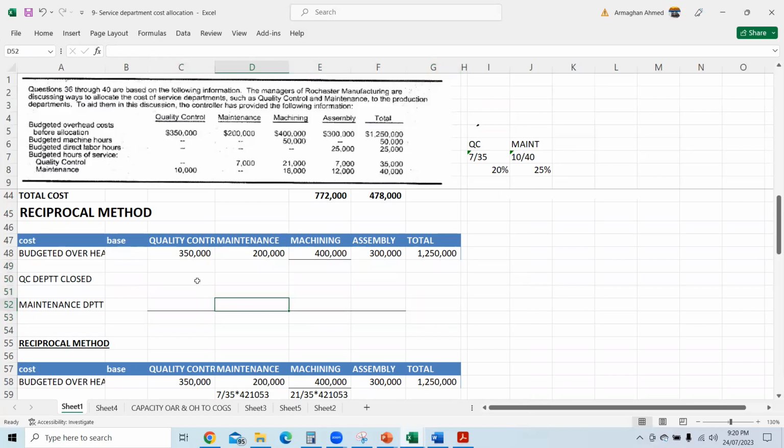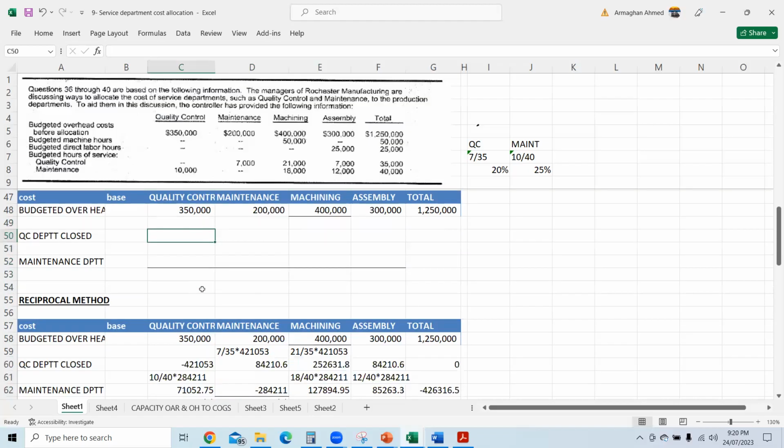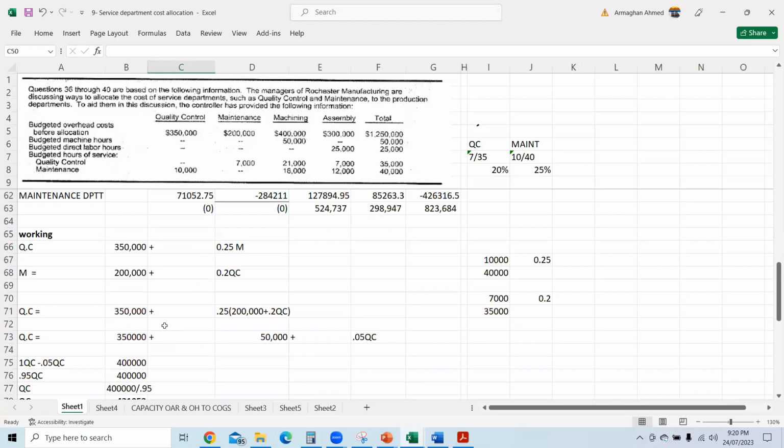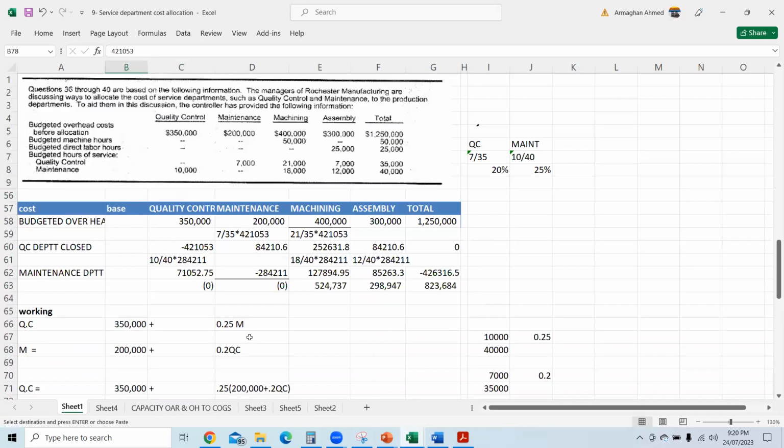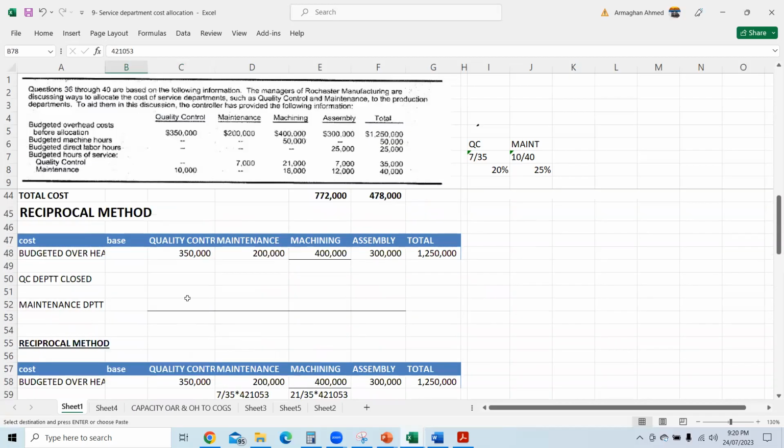Okay. So how much total QC cost do we have to allocate? We already found out that we have to allocate the total quality control cost. How much? 421,053. This is the cost we have to allocate. So we'll bring here 421,000, this thing. So it should be minus, right? Is it clear?